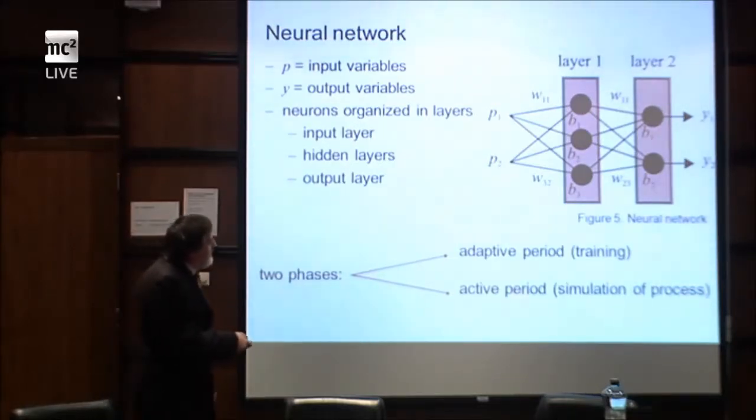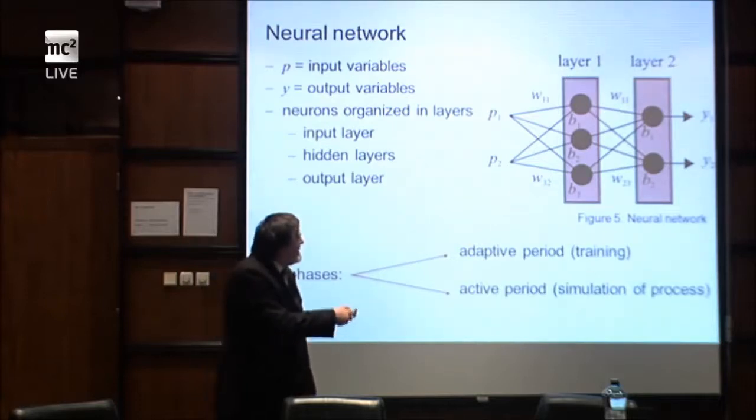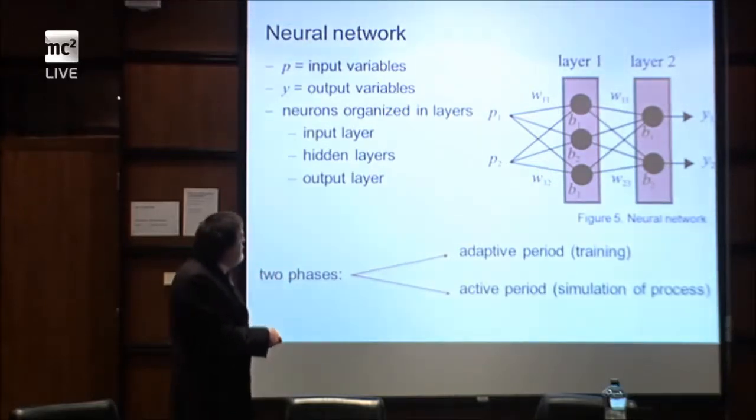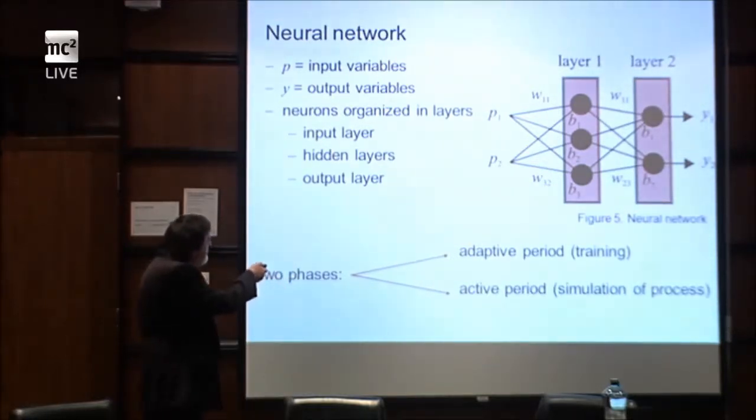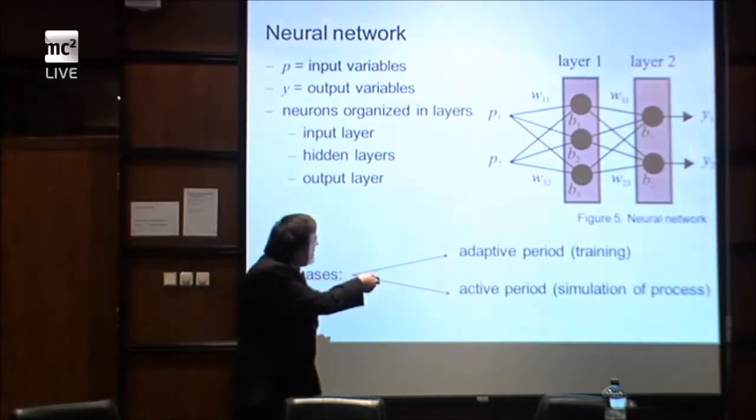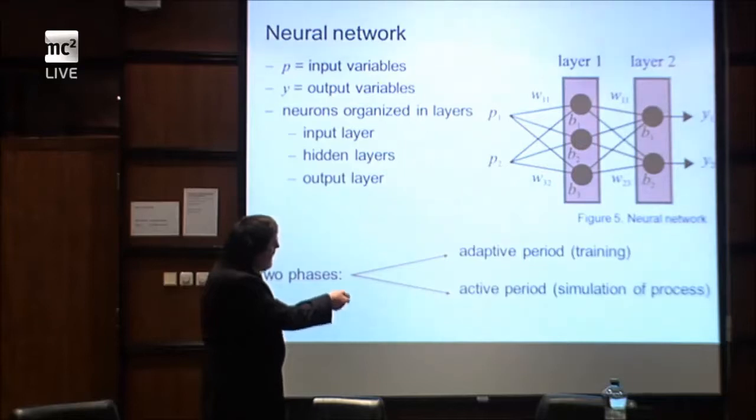It's an active period. Once the network is trained, if you provide any vector P, the neural network will tell you what is Y. If you provide Y, the neural network will tell you what is P.